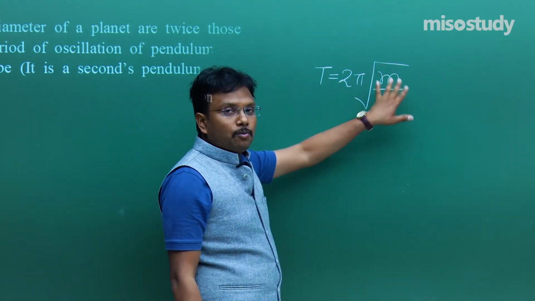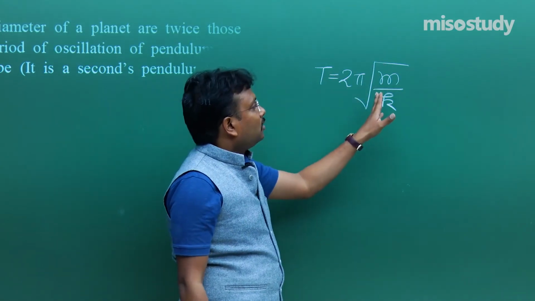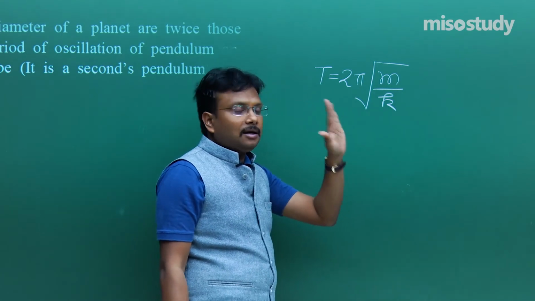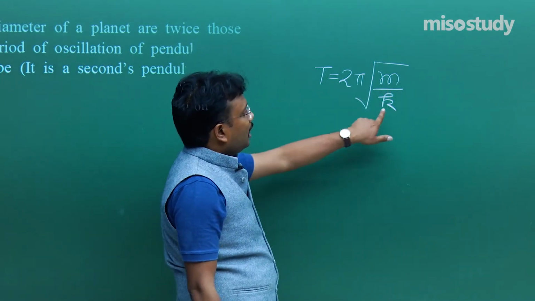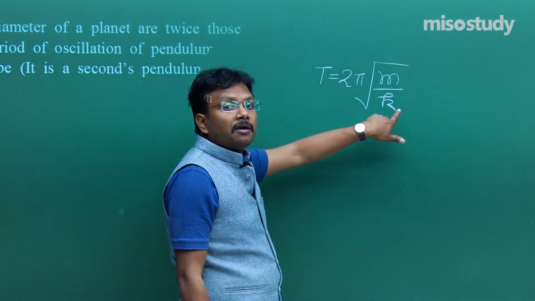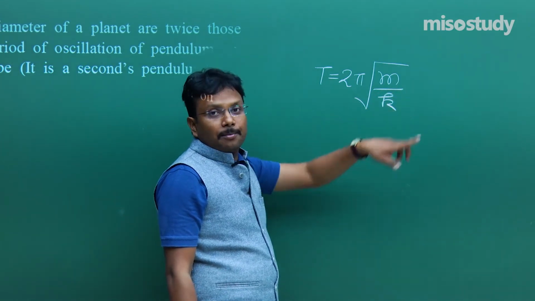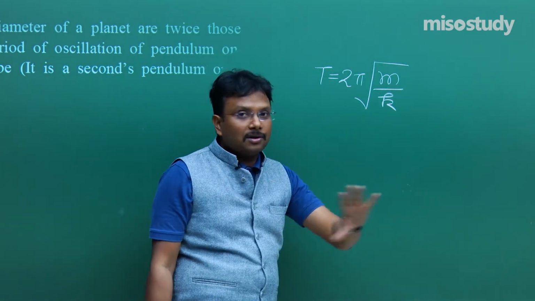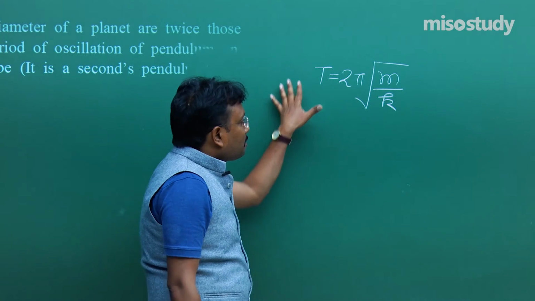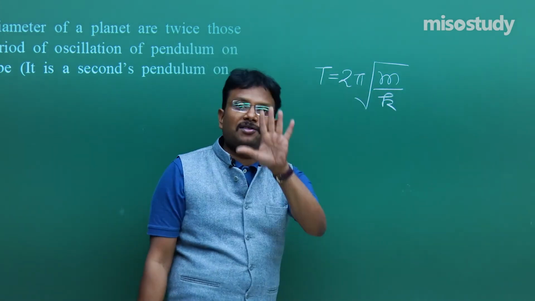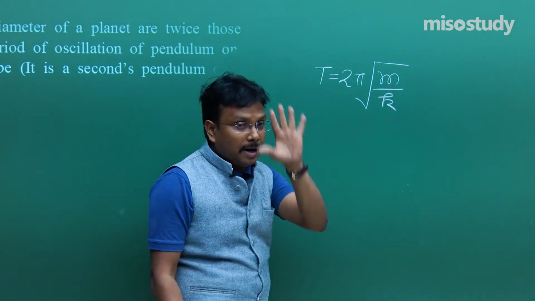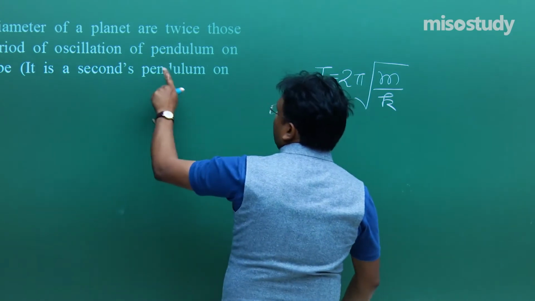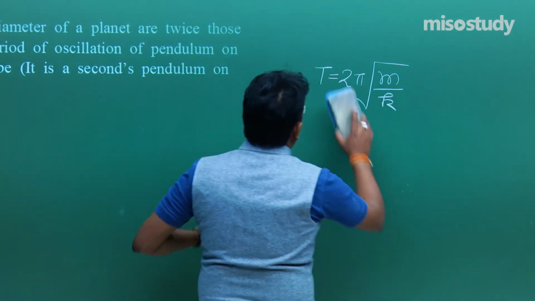On the surface of the moon, same result. On the surface of any other planet, same result. The reason being, k is associated with the spring, and m is mass, which is constant. So the spring mass system time period is the same everywhere, but in this problem it is a pendulum.